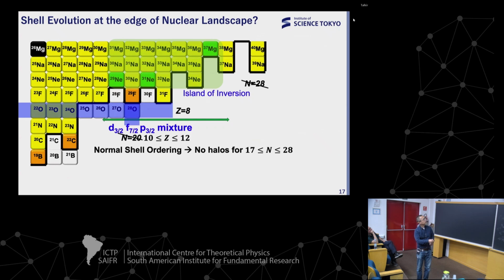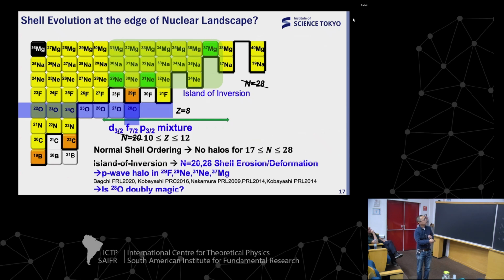This means that we have a p-wave component. P-wave means L equals 1, so the condition for a halo is met. Indeed, we have observed several halo states in fluorine 29, neon 29, neon 31, and magnesium 37.